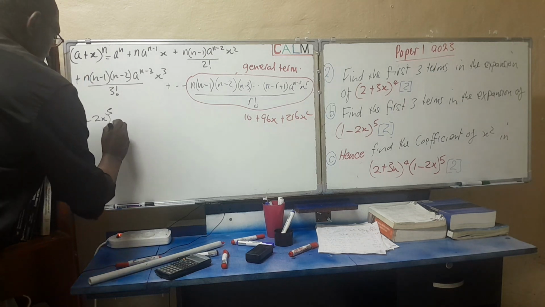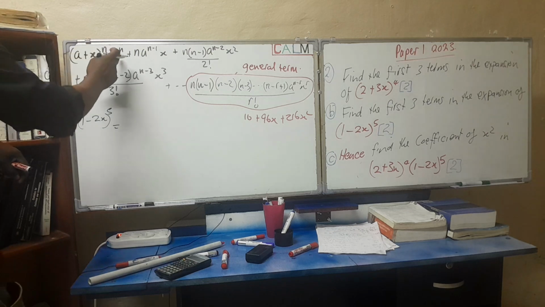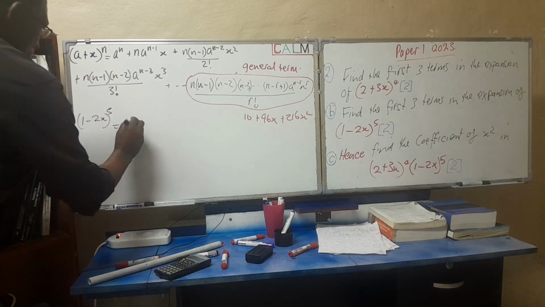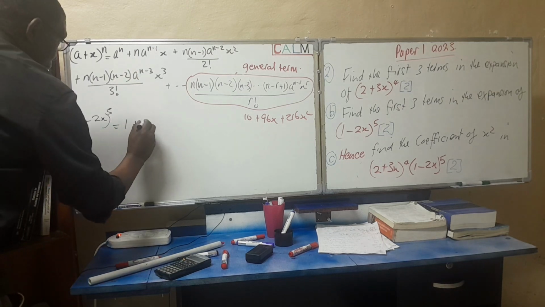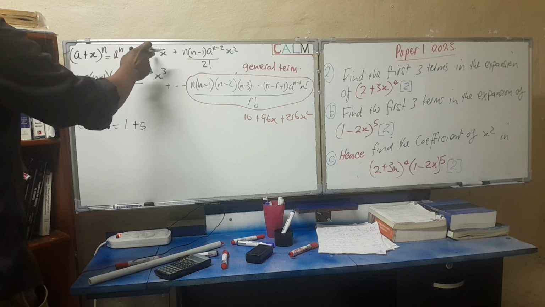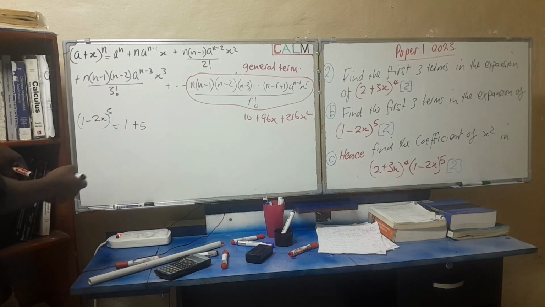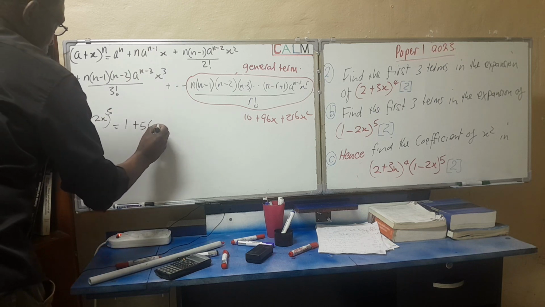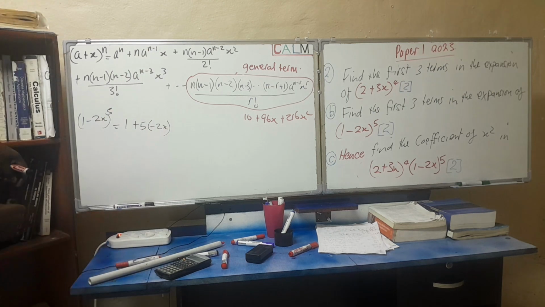Expanding as before, we have 1 to the power 5 is 1, of course, plus n is 5, multiplied by 1 to the power 4, which is just 1. And then we introduce our minus 2x raised to the power 1.